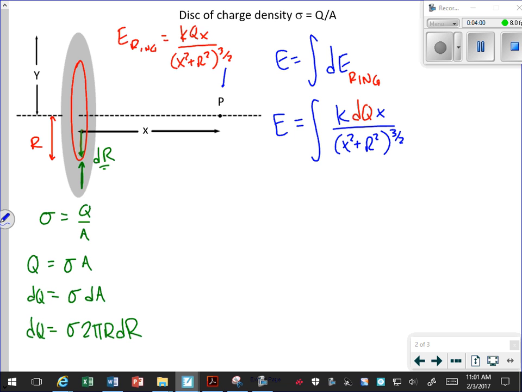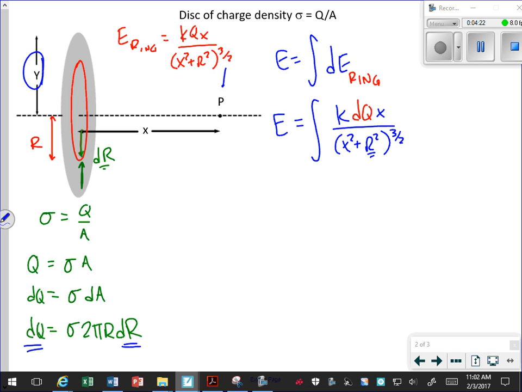My variable here is r. Our r's are going to vary from a radius of 0 to a radius of capital Y. And luckily, we have a way to express dq in terms of dr. So that's good.